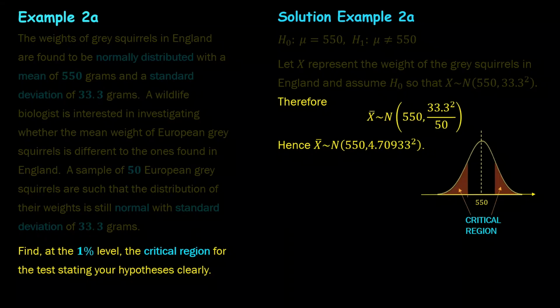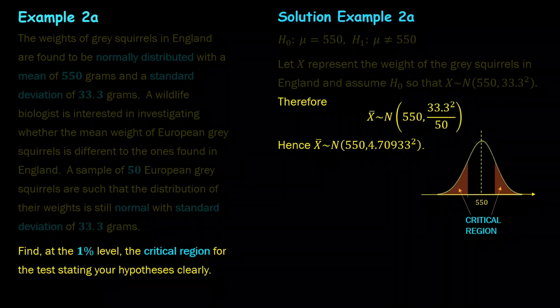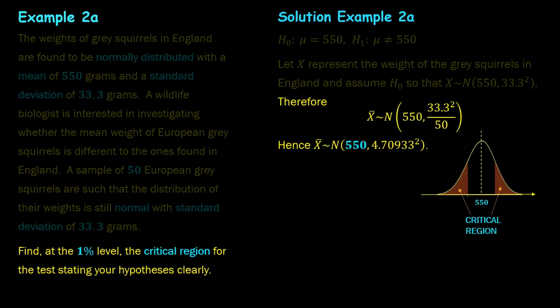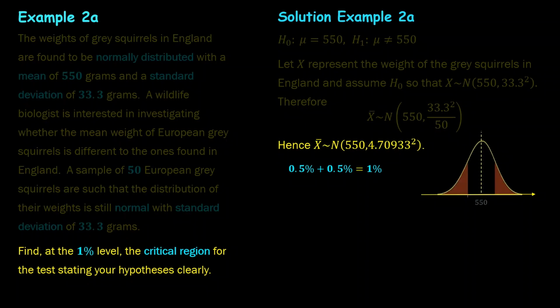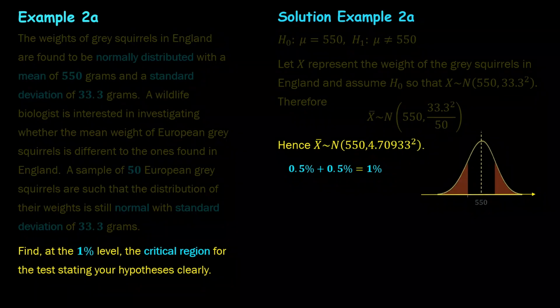In this example, this is the shaded region which is called the critical region. 550 is the mean. Since we're testing at the 1% level and we're conducting a two-tailed test, we're going to have to divide 1% by 2. So we have 0.5% plus 0.5% equals 1%.